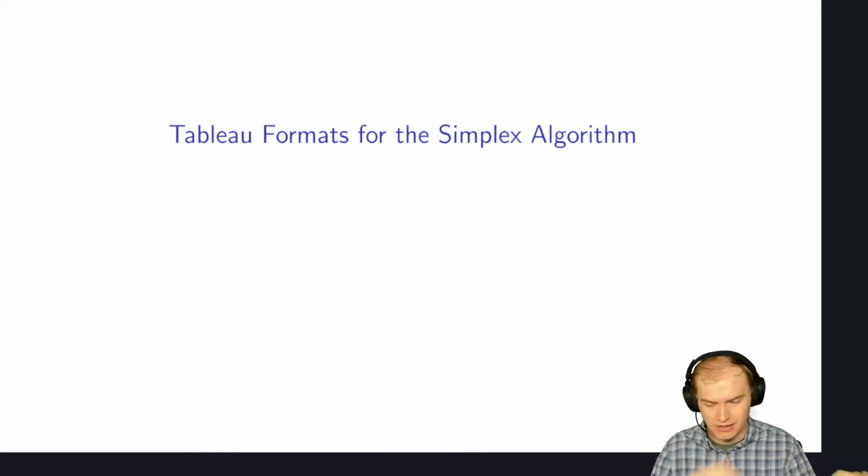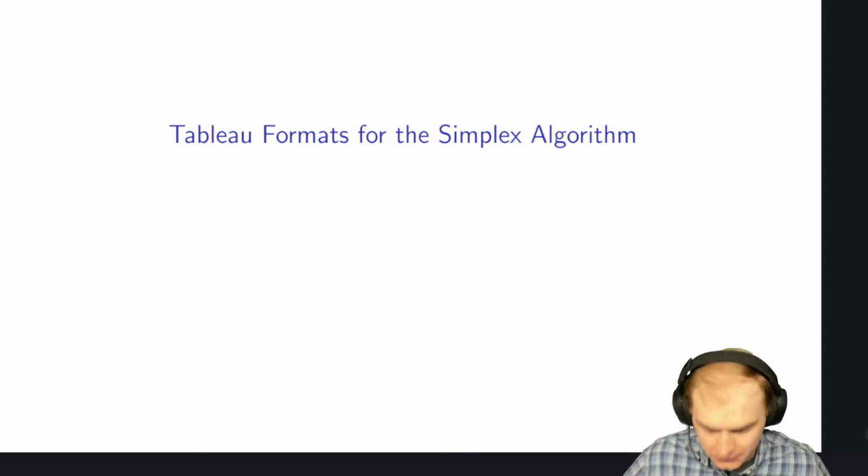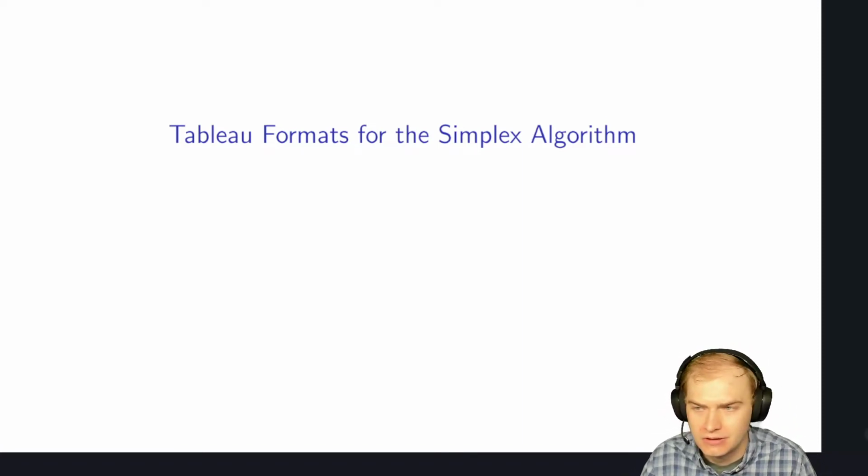For every iteration of the simplex algorithm, we're going to do one Gauss-Jordan elimination, one row reduction. It's neat to compactify all of those different operations into one thing that we should all be familiar with, having gone through linear algebra.